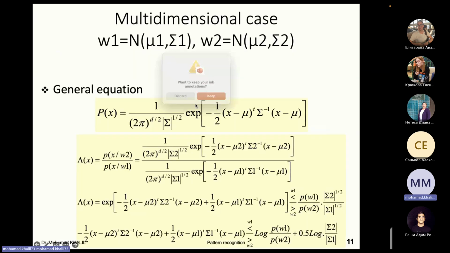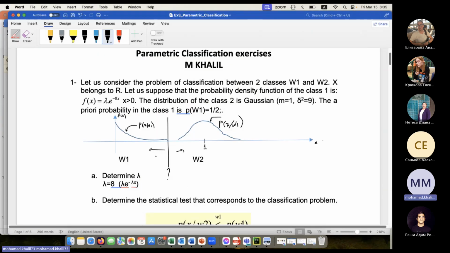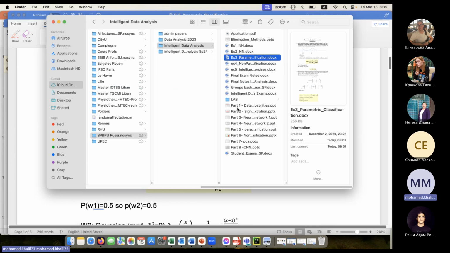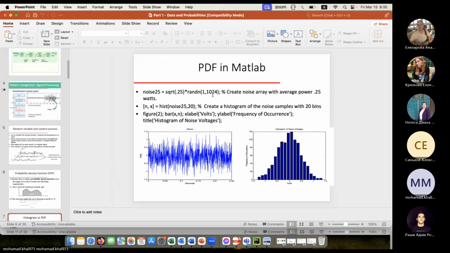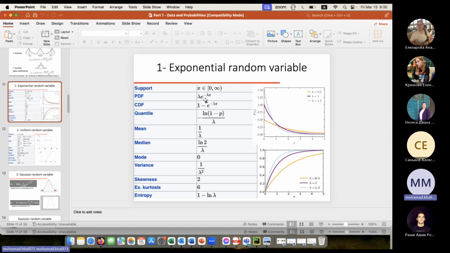Great. Now let's make the solution. First, determine lambda. In the first chapter, when we did the part on probabilities, remember that the equation of the exponential is lambda exponential minus lambda x.